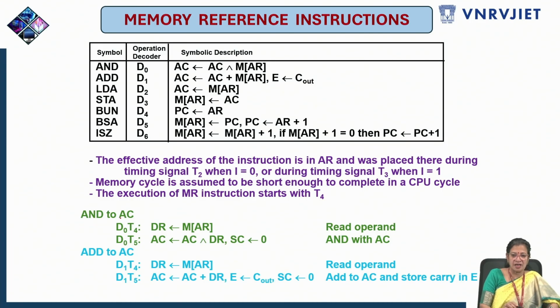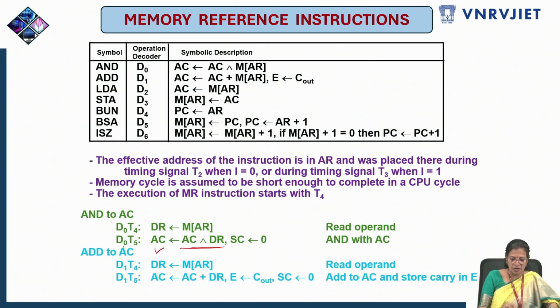Whenever we say AND, it is ANDing the contents of the accumulator with the contents of the memory location. So the operand will be brought into DR, the data register, and then the data register and accumulator will be ANDed and the result will be stored in the accumulator.